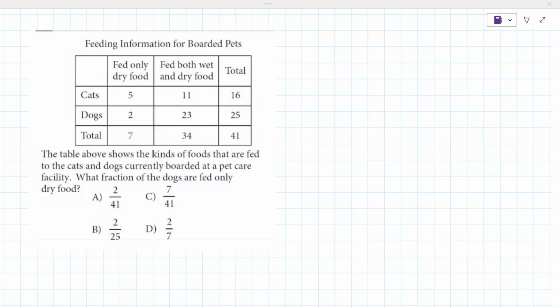Because the total for the fed both wet and dry food is 25. Okay, all right, very good. That's correct.